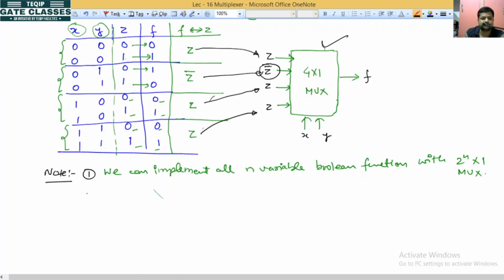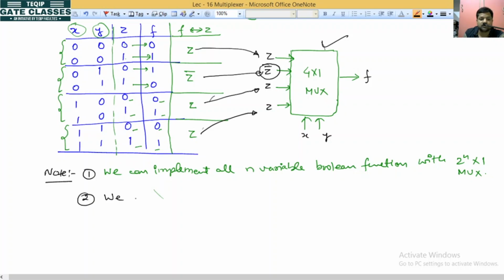Now the second point is, if you want to implement an n variable function with a 2 to the power n minus 1 cross 1 mux, then there is a requirement of one NOT gate also.